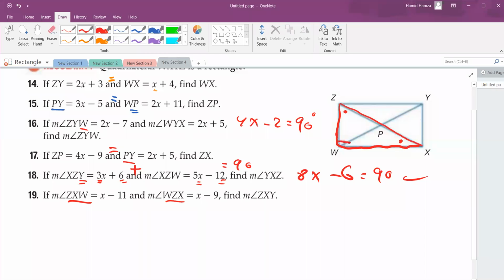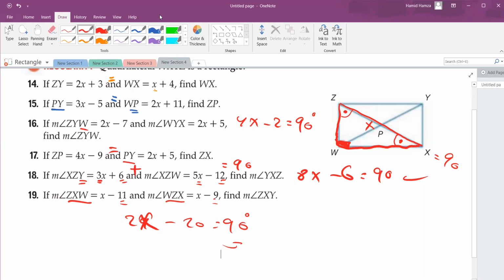So this triangle is a right triangle, and these angles are the acute angles. So the sum of the acute angles in a right triangle equals 90 degrees. That means their sum equals 90 degrees. So x and x will be 2x. Negative 11 and negative 9 will be negative 20, equals 90 degrees.